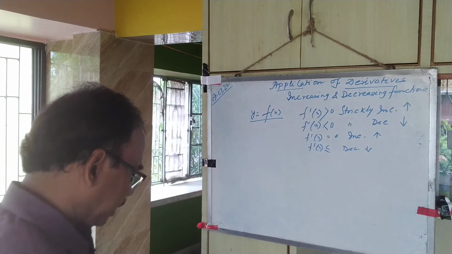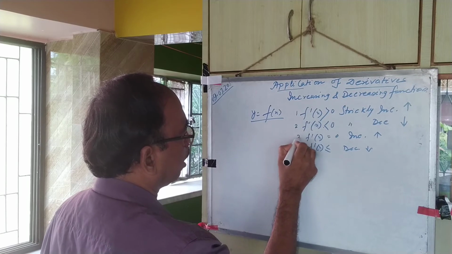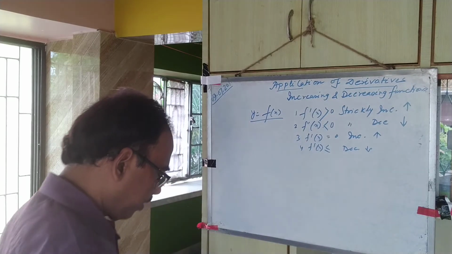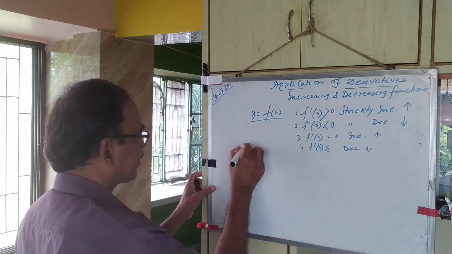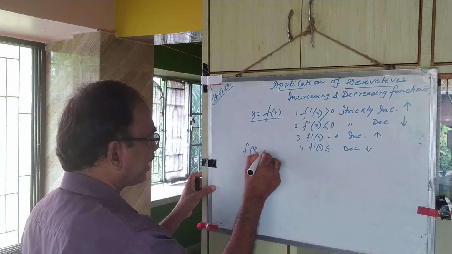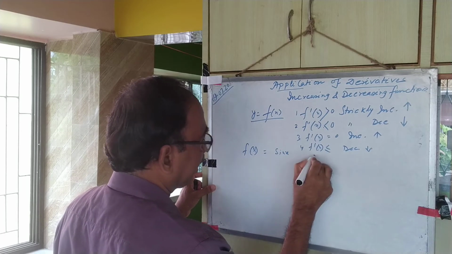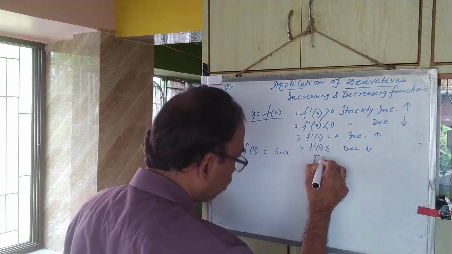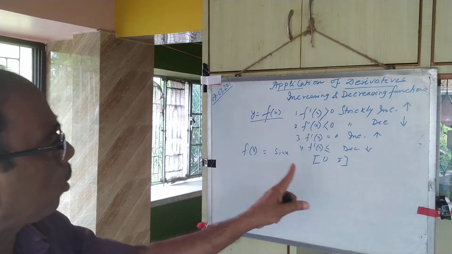Now, here are these 4 steps, number 1, 2, 3, 4. First of all, let us test one sum like this. Suppose f(x) equals sin x. Given the interval 0 to pi, we have to prove whether it is decreasing or increasing.